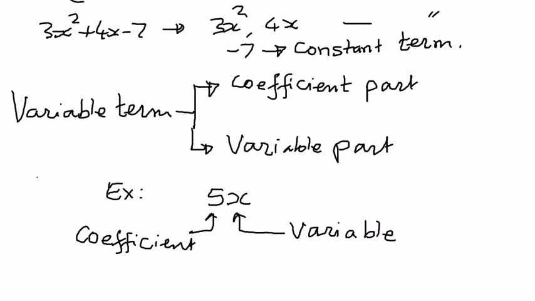So 5x is an algebraic term, 5 is the coefficient part of it, and x is the variable part of it. That's the way we should understand these examples.